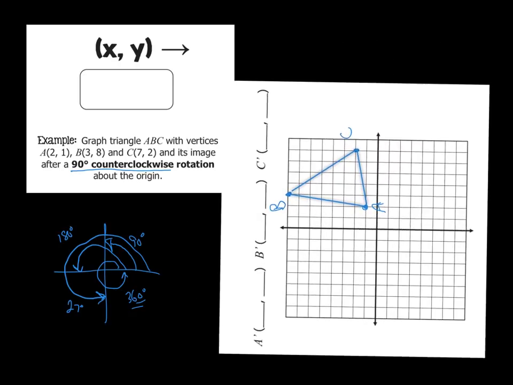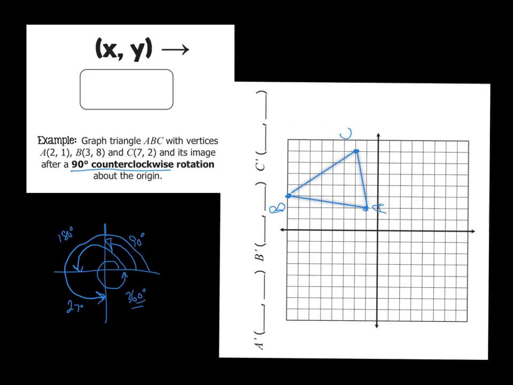Now, if you just had spun it like that, just for a moment, let's count and see where we're at. Our A is now technically A prime, and A prime would have been 1 to the left and 2 up. So A prime would be -1, 2, where it was originally 2, 1.